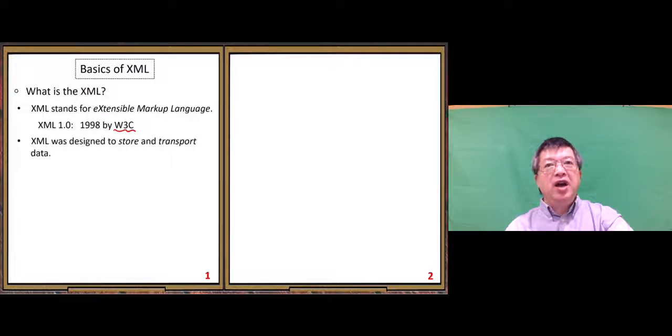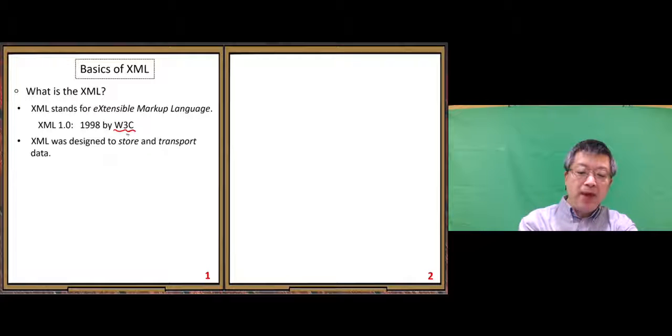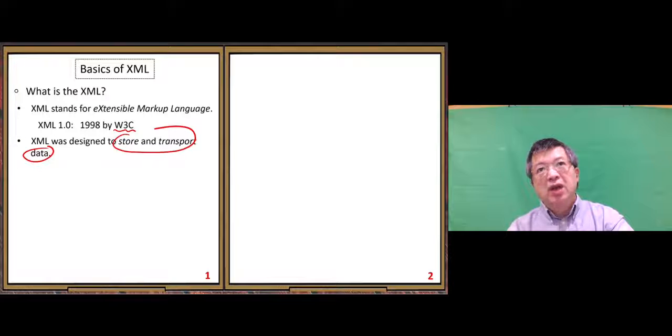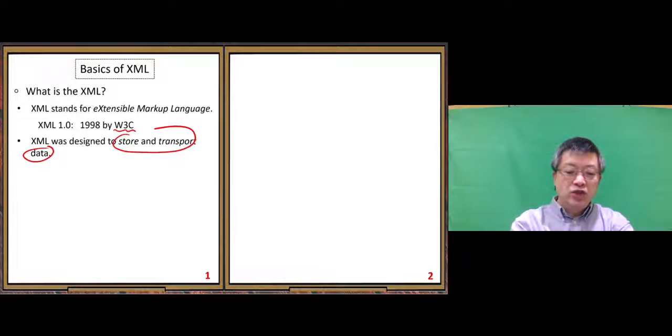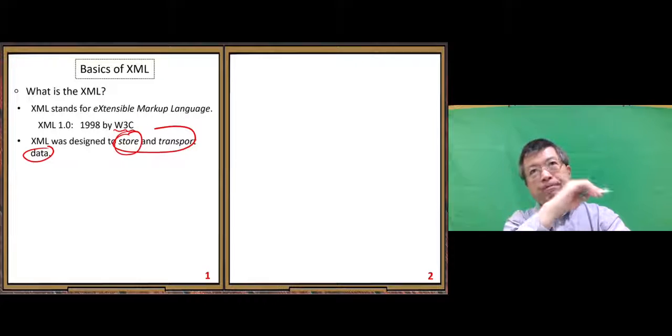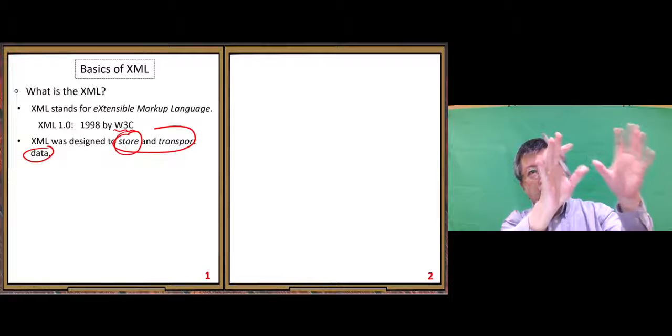XML was designed to store and transport data. This is the main goal. Why do we use this technology? Two main purposes. The first one, store. If you have some data you want to store somewhere, you store it in this file.